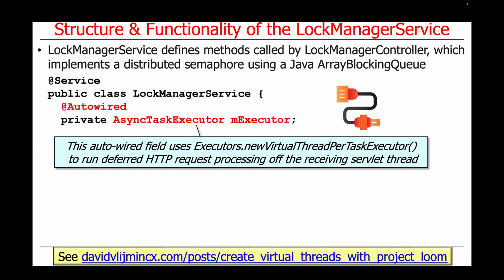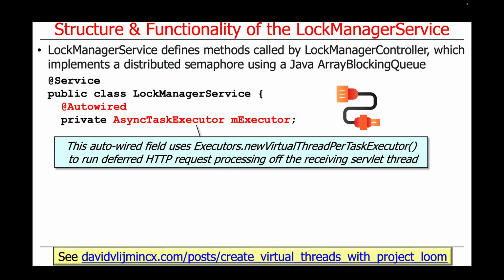The first one, shown here, mExecutor, is an AsyncTaskExecutor, and it's auto-wired to use the executor's new virtual thread per task executor. We use that to run the deferred HTTP request processing off of the servlet thread that was called in the controller for acquire, in order to do the actual acquire service implementation in a virtual thread.